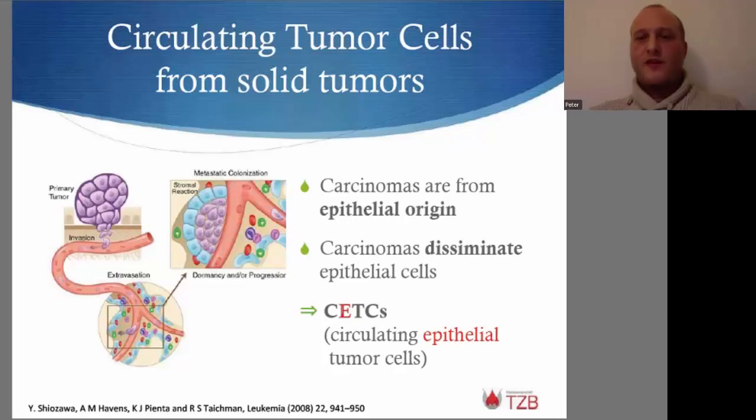The reason why we call them circulating epithelial tumor cells is that all of the cells of a solid tumor are epithelial.